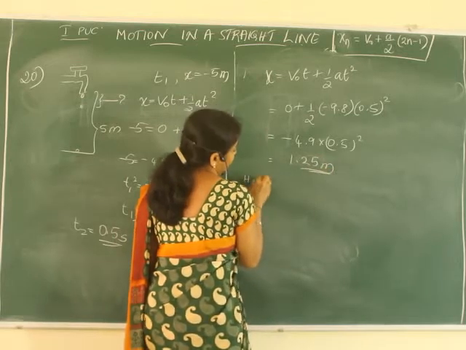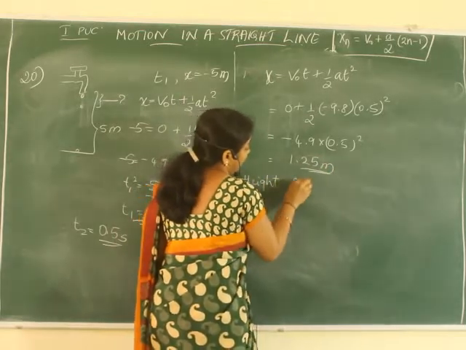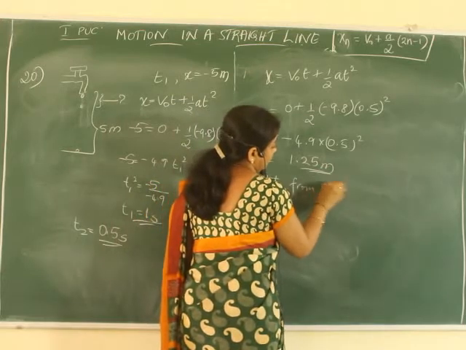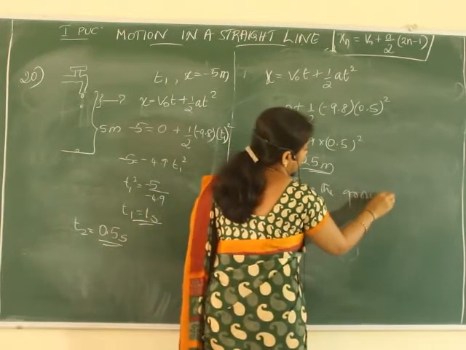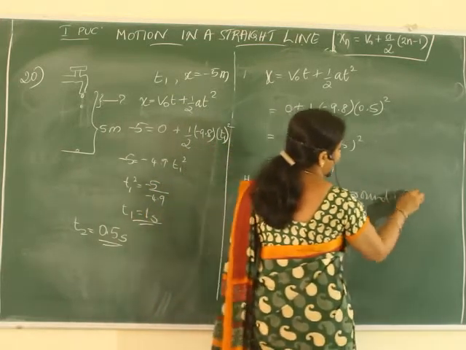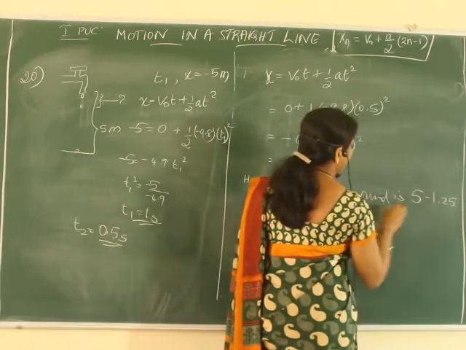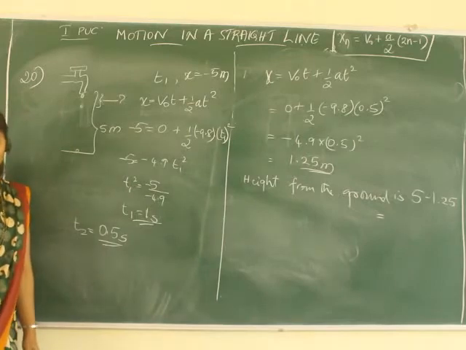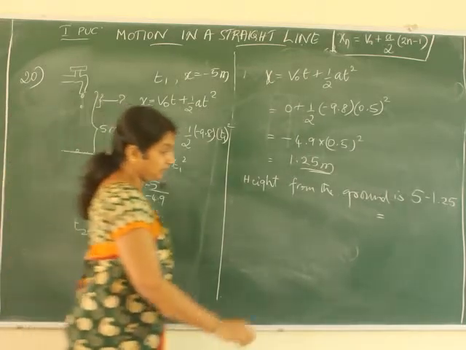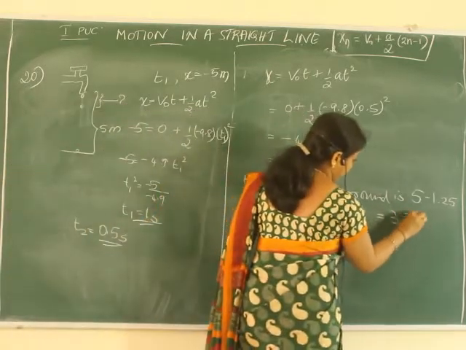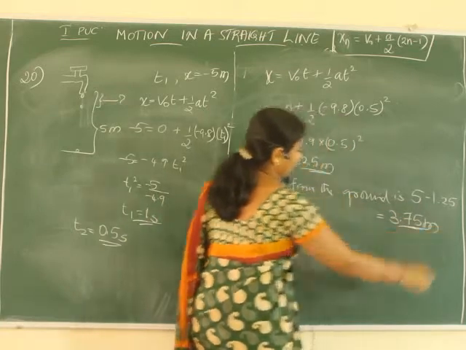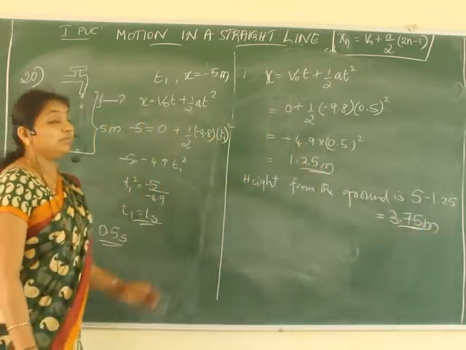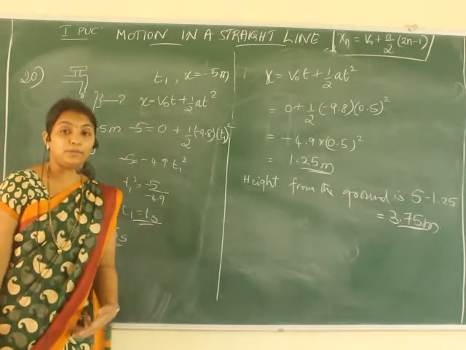The height from the ground is 5 minus 1.25, what is the answer? 3.75 meter. So please learn it properly.